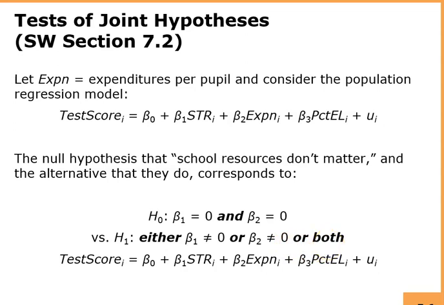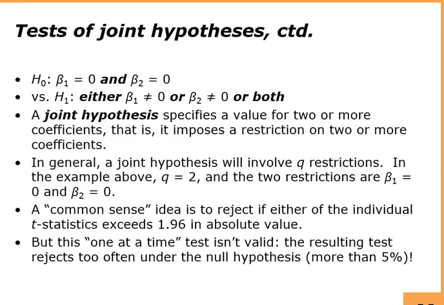So in simple language, if either beta 1 or beta 2 is not equal to 0, we will reject the null hypothesis that beta 1 is equal to 0 and beta 2 is equal to 0. Once again, restating the null and alternative hypotheses: a joint hypothesis specifies a value for two or more coefficients, that is, it imposes a restriction on two or more coefficients.